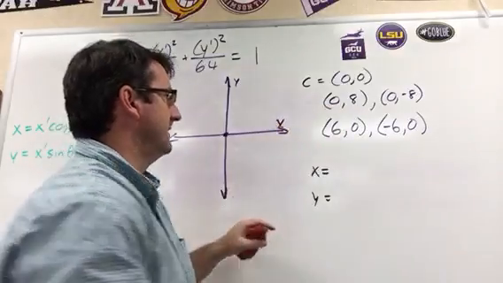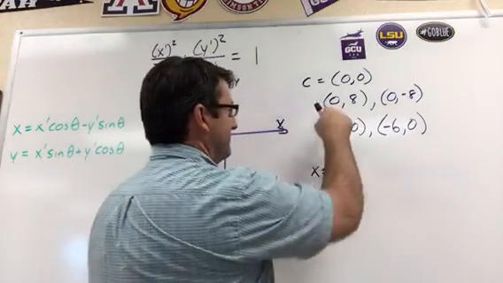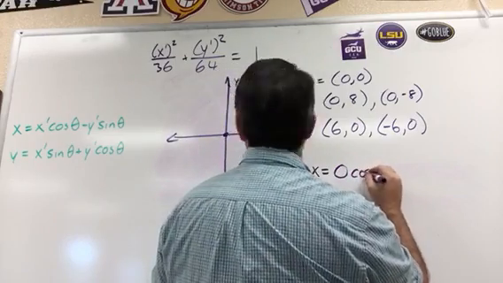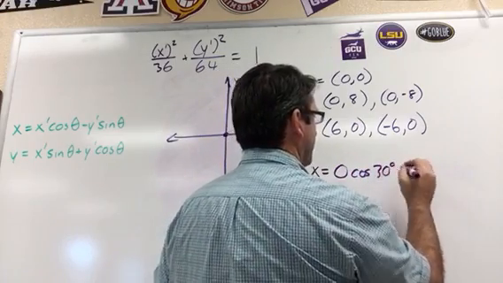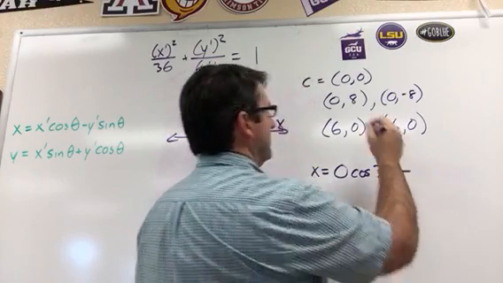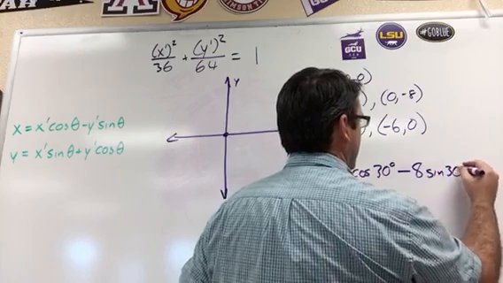Let's do the vertices now. So for this one, let's plug in 0 for x prime. So x is 0 times the cosine of 30 degrees minus y prime, which is 8, times the sine of 30 degrees.